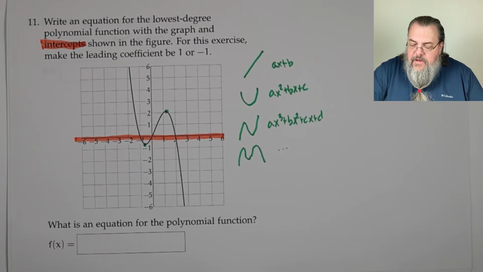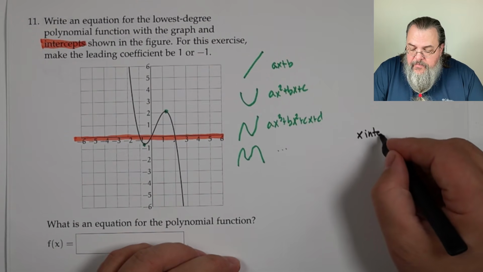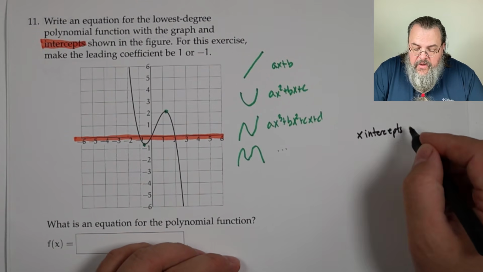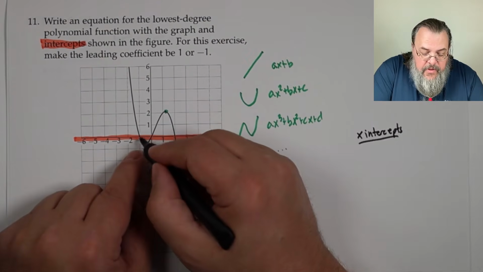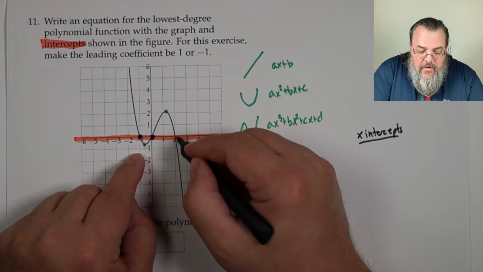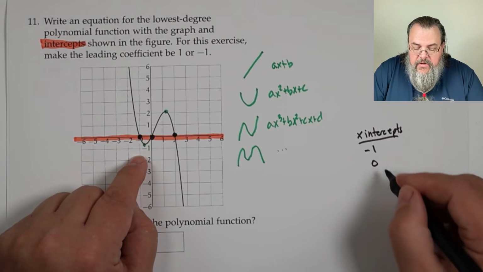So now you just say, okay, where are my x-intercepts? Well, the x-intercepts are, and we're making a list, they're going to make nice numbers. So we have one at negative 1, at 0, and at 2.